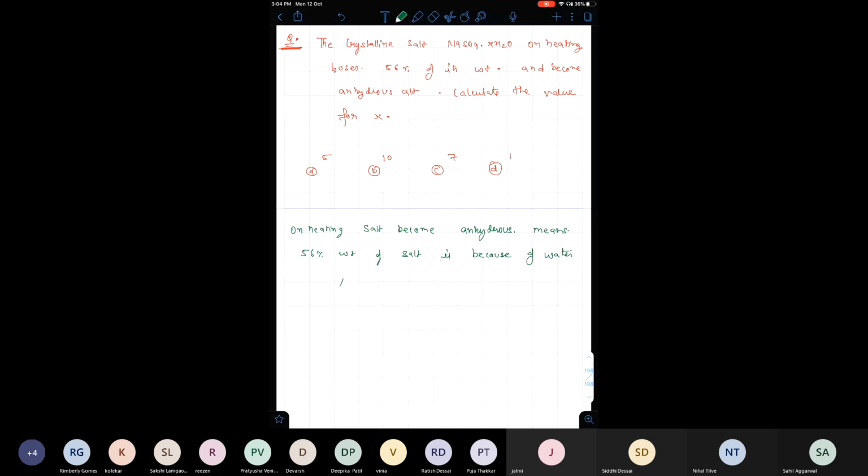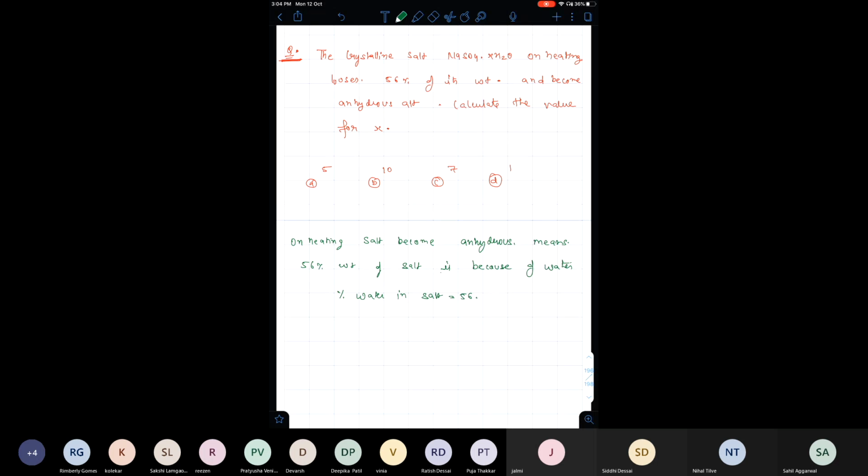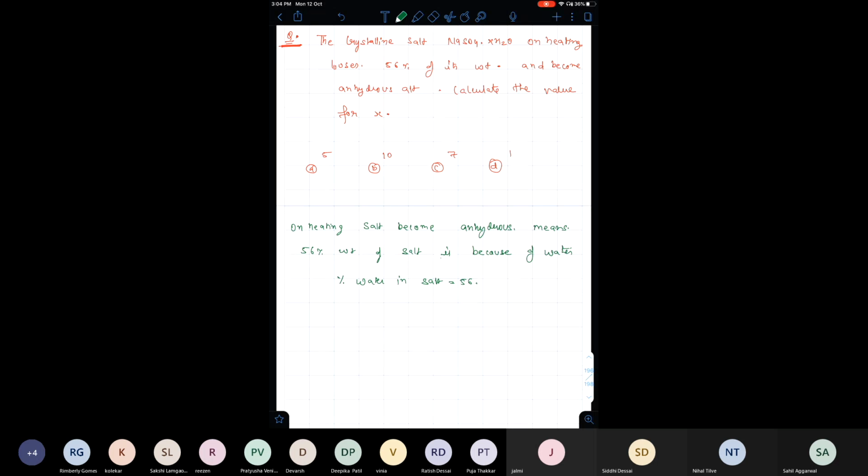So the percentage of water in salt is 56. The rest we have done in the previous question. 56 is equal to 18x divided by 142 plus 18x into 100.